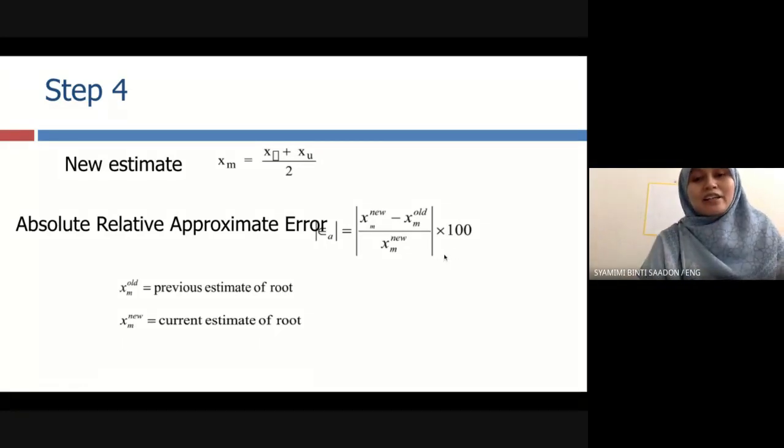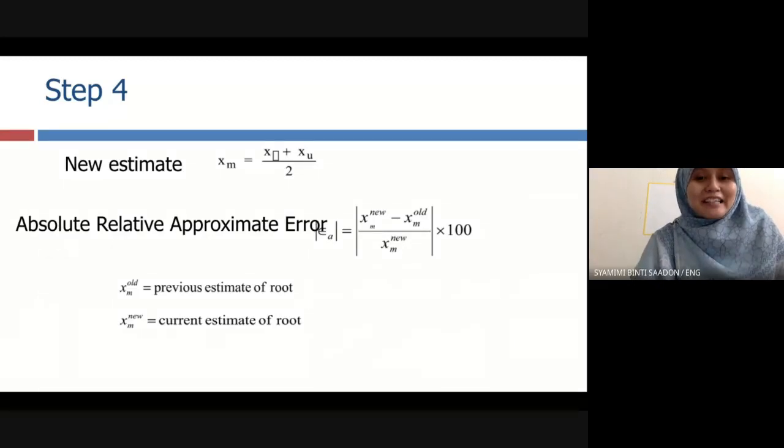If you set, for example, 0.5%, 5%, or 1%, you must make sure that the error, the difference between the previous and the current estimation of the root, is lower than the percentage that you have set. Then you stop. We assume that the solution has converged. We have, maybe not the exact solution, but the most possible solution, the closest approximation.